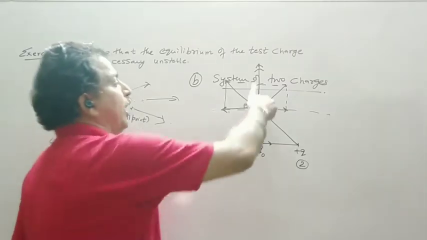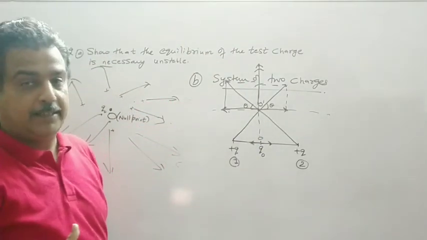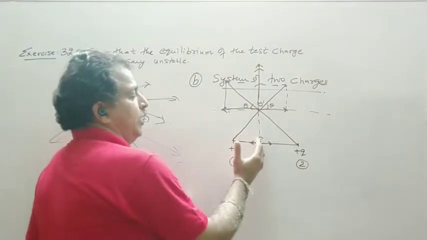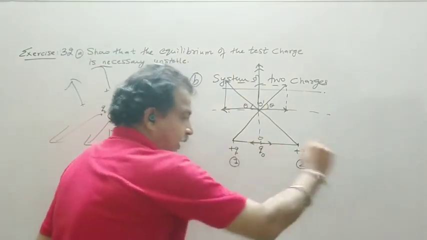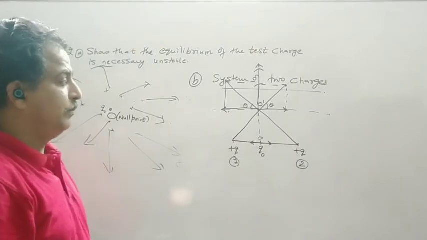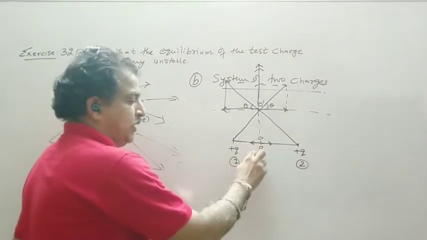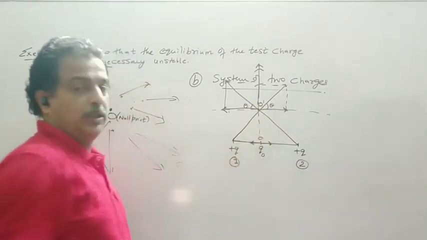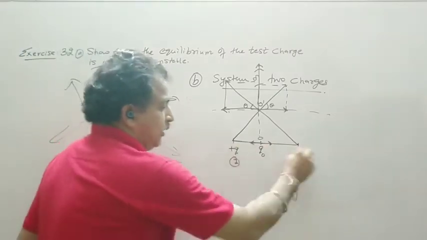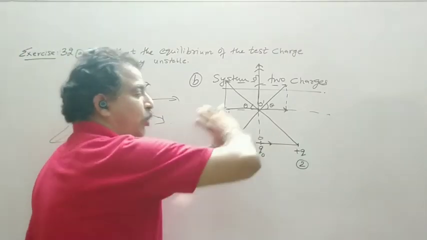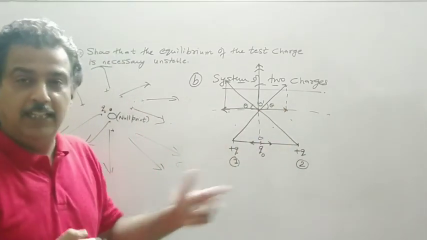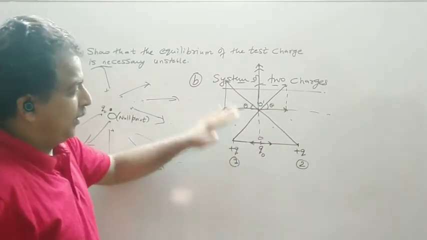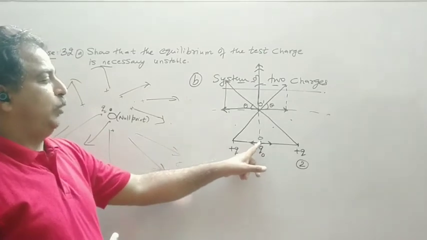It will move away along the y-axis. It will move normal to these two charges. So if I am moving along the x-axis, it will perform SHM, or the restoring force acts on it, and it will come back to its original position. Except along the x-axis, if I move it along any direction, for a proper geometrical shape, we have taken normal to it.